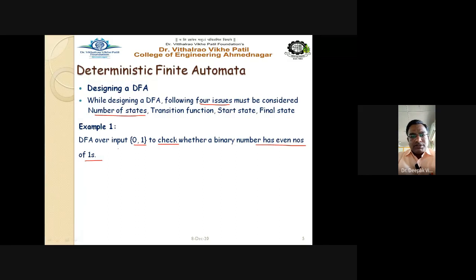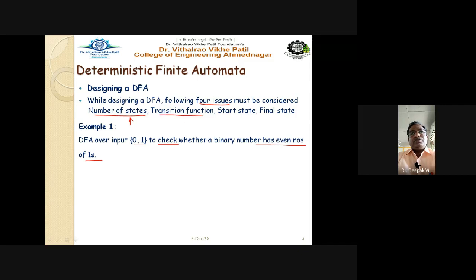If this binary number is given and we are asked to design a DFA to check for an even number of ones, what do we have to do? The first step is to identify the number of states.